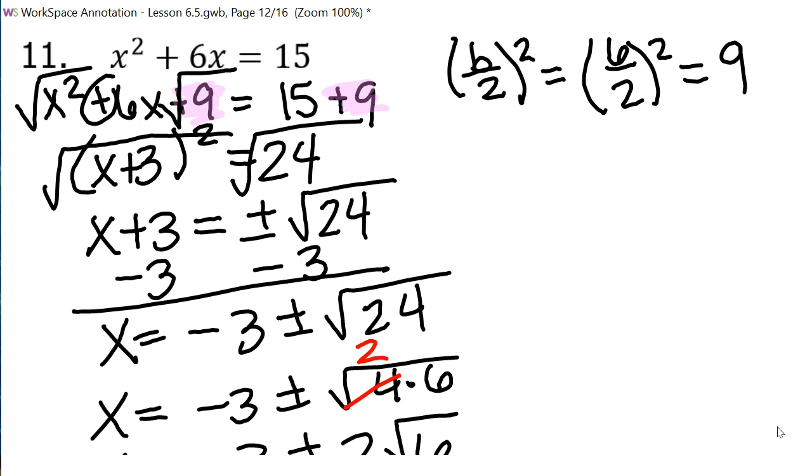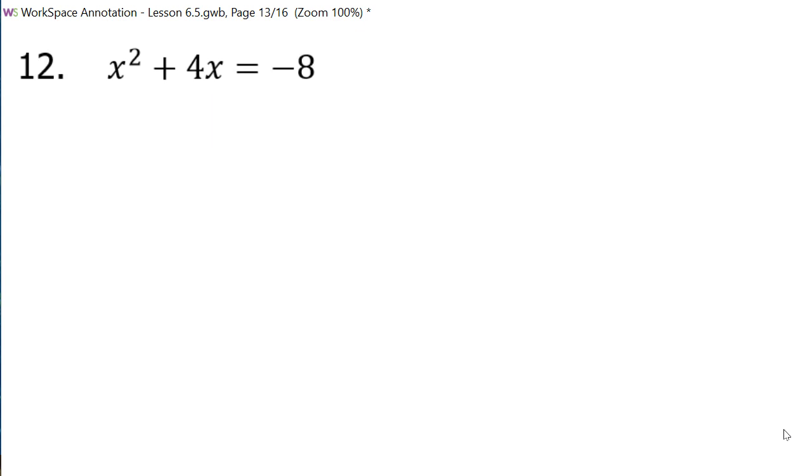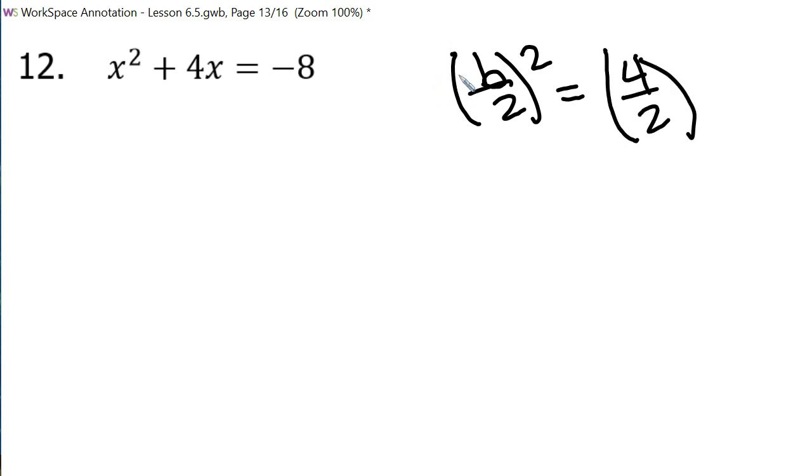Number 12. First thing we need to do is find the missing value. So we need to do b divided by 2 squared. What's the b value? 4 divided by 2, and then square it.